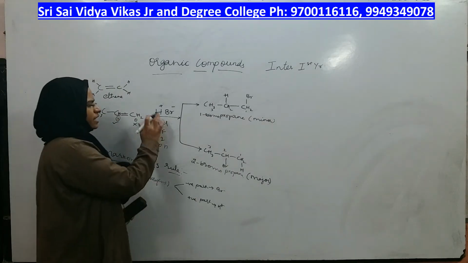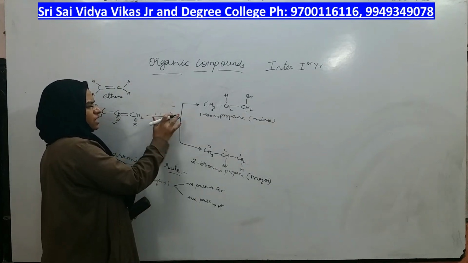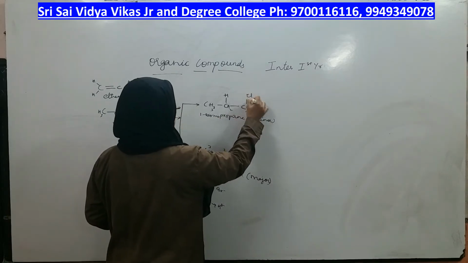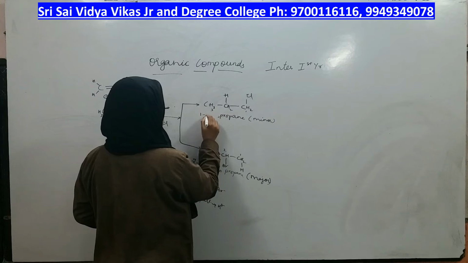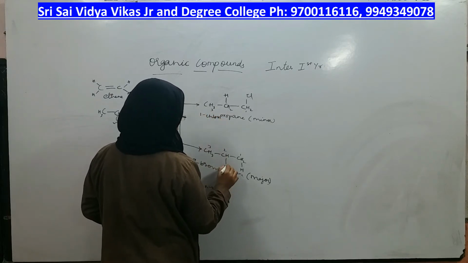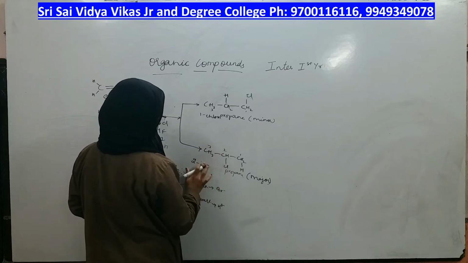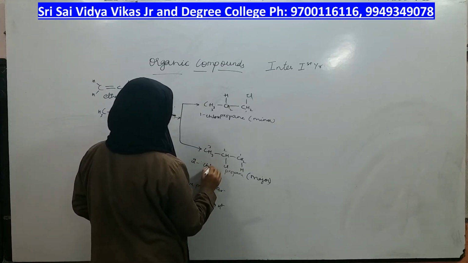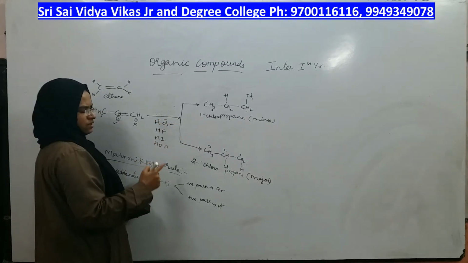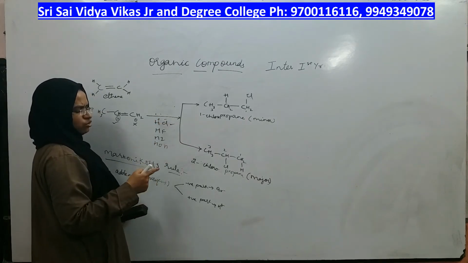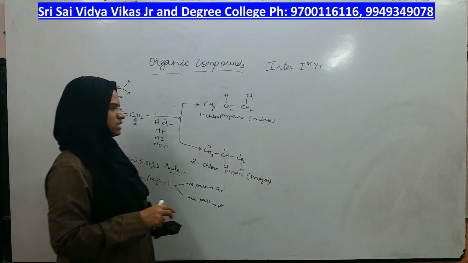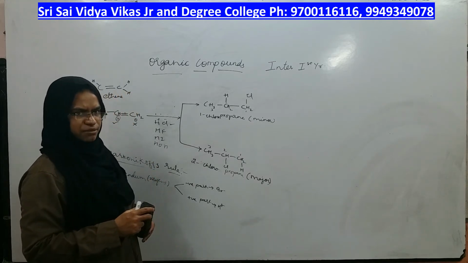If I add HCl, what will be the product? 1-chloropropane and 2-chloropropane. Out of them, 2-chloropropane is the major one and 1-chloropropane is the minor one.